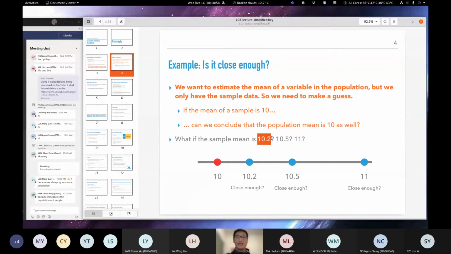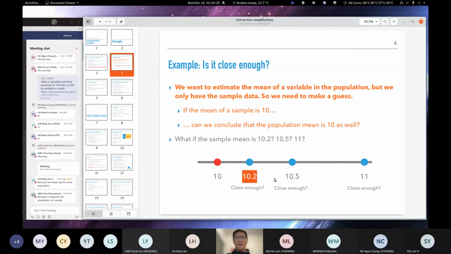So the question is, if the sample mean is 10.2, can we conclude that the population mean is 10? Okay, that is the question that we want to ask in this case. And then people may think, wow, 10.2, of course, it is not the same as 10, but this number is not too far from the 10.